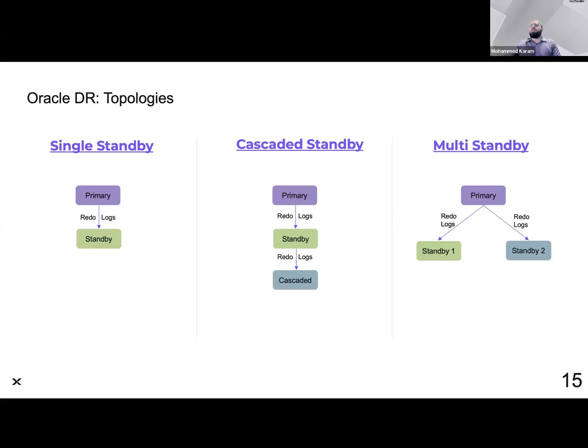We basically support just having a single standby as well as cascaded multiple standbys. Cascaded standbys are interesting in the sense that workloads are benefited by using them when you need to have your third environment or your third node receiving redo logs from the second node, as opposed to having both of your disaster recovery nodes taking redo logs directly from your primary, thereby offloading the primary somewhat.